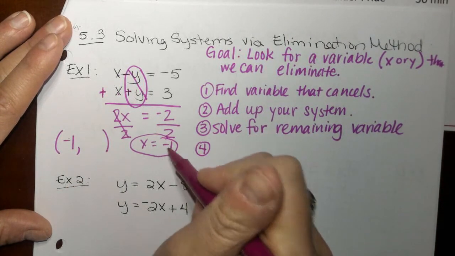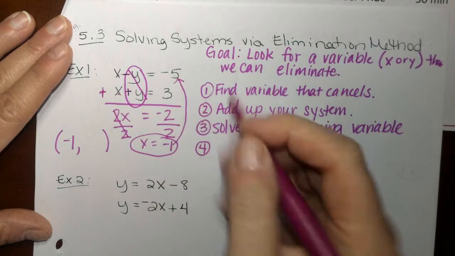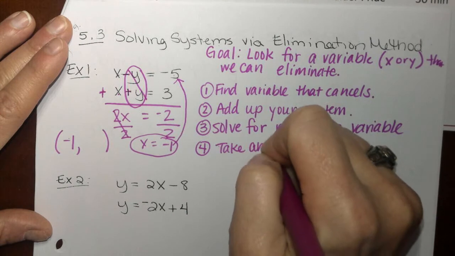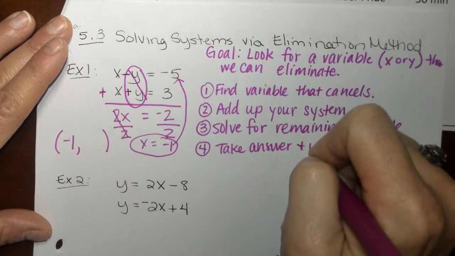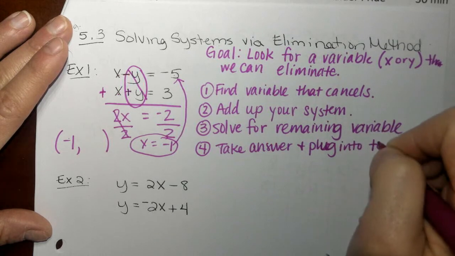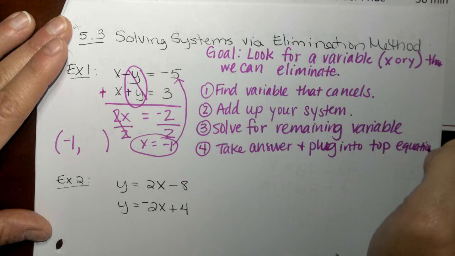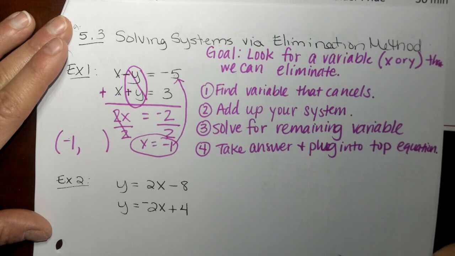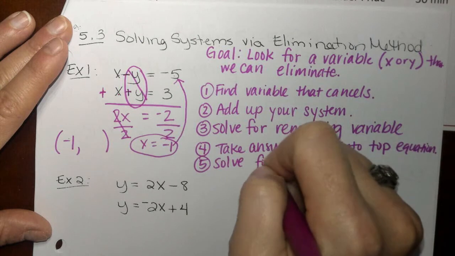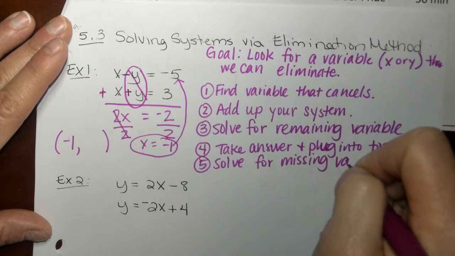We're going to take the x equals negative 1 and we're going to substitute it, plug it back into the top equation, and solve for the missing variable.